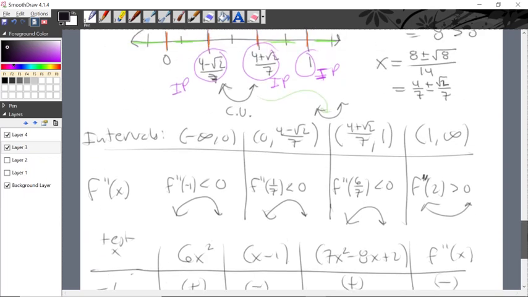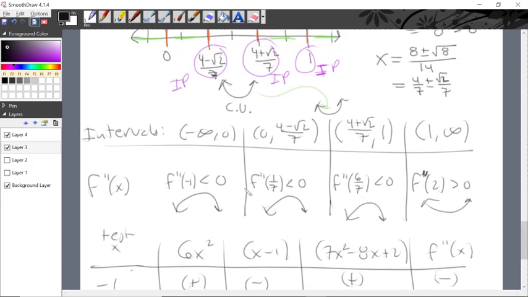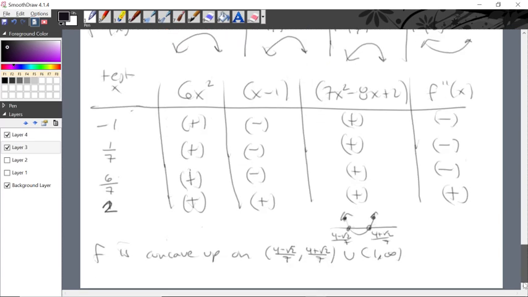And f is concave down then on these 3 intervals right here: on negative infinity to 0, also from 0 to (4 minus root 2)/7, and also from (4 plus root 2)/7 to 1.